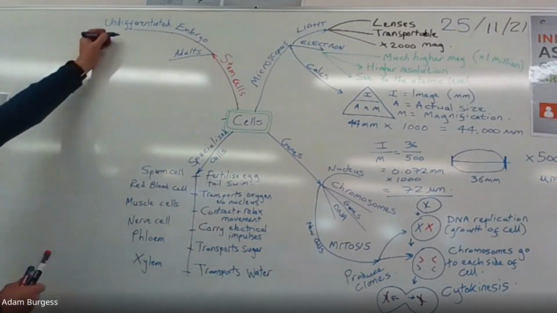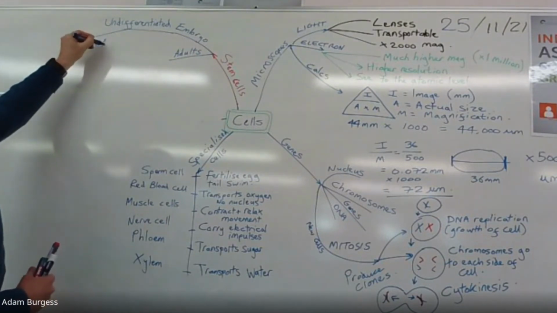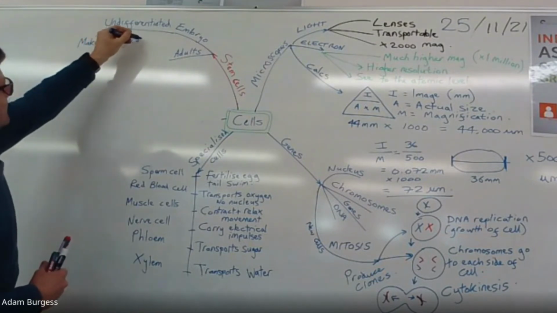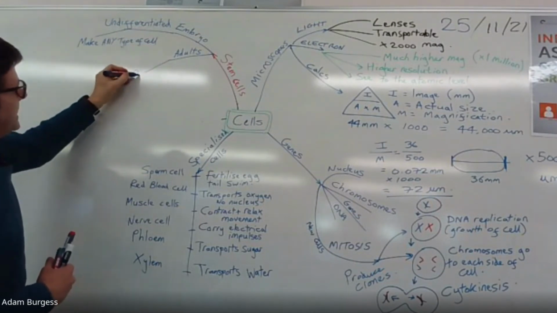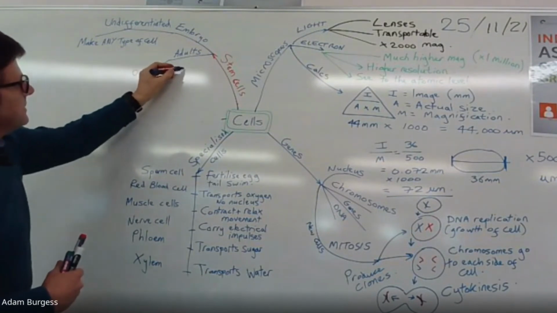Okay, why are they exciting? Because they can make any type of cell from embryos, but adult stem cells, you can only make a few types of cells.